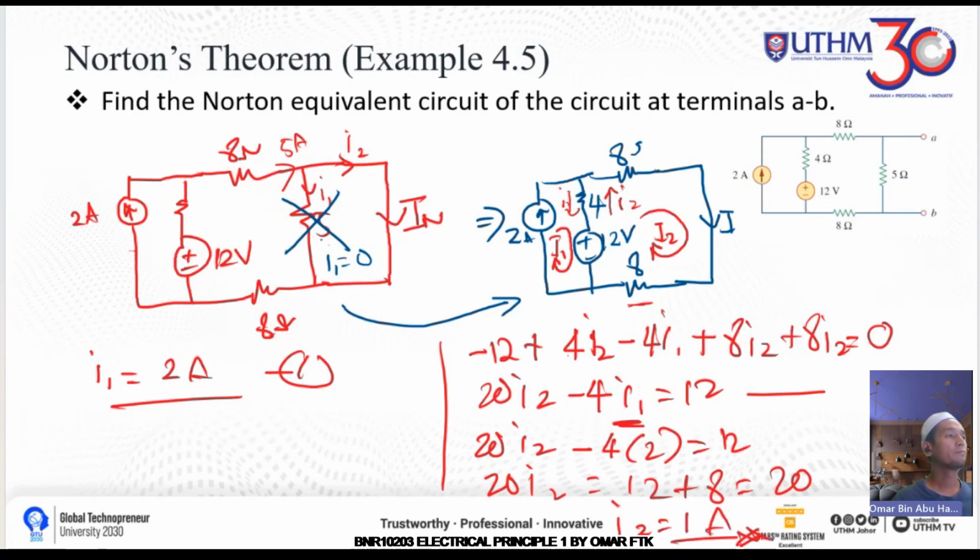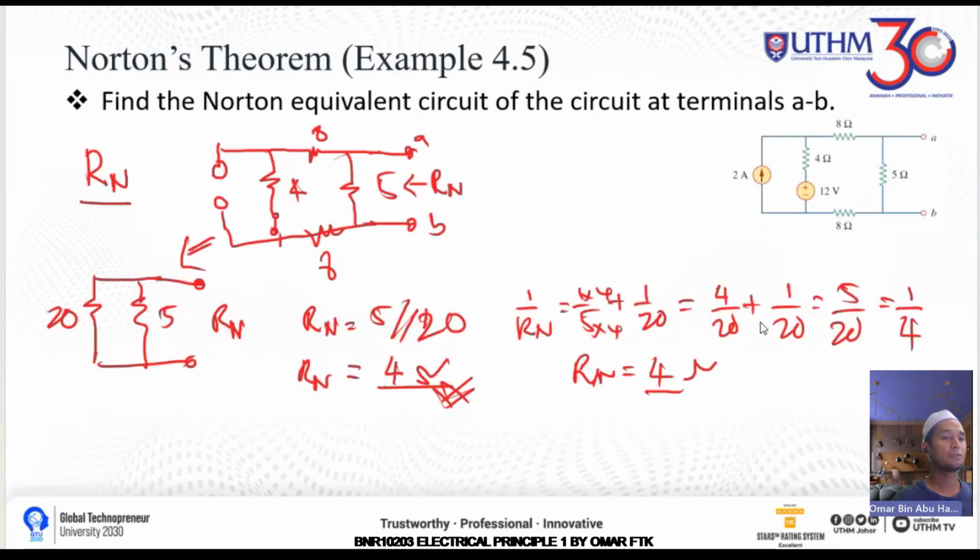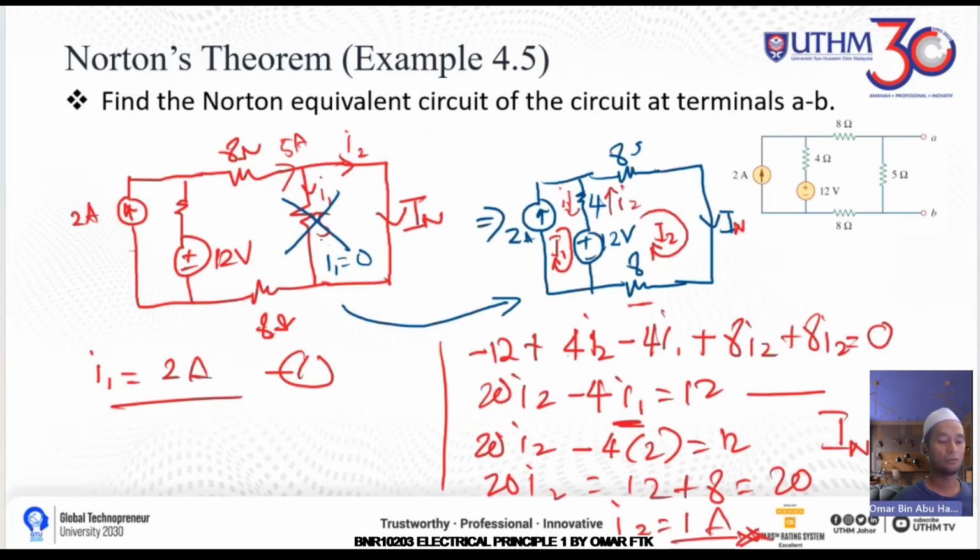You have I2, and you know that In, the Norton current, is equal to I2, which is 1 ampere. So this means Rn equals 4, and In equals 1 ampere.